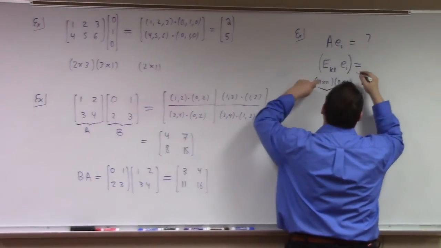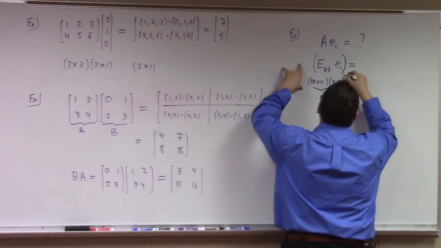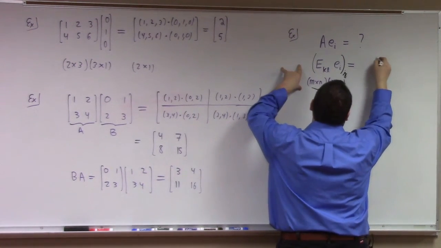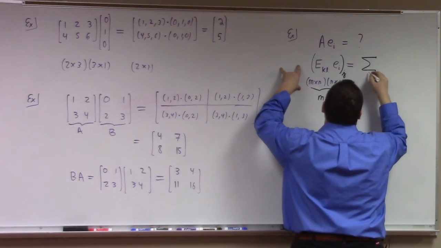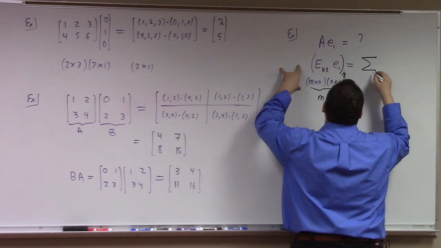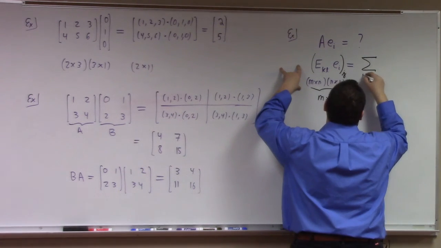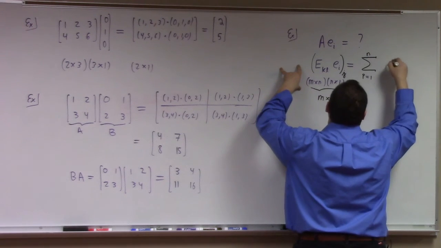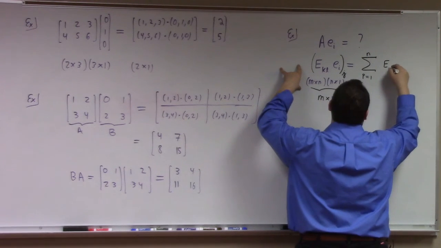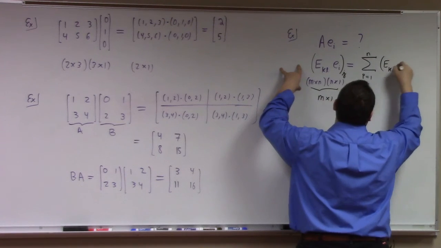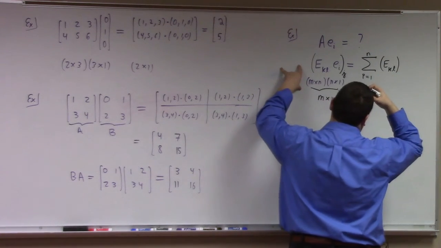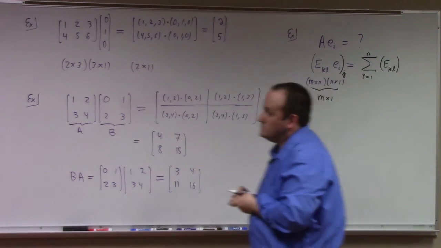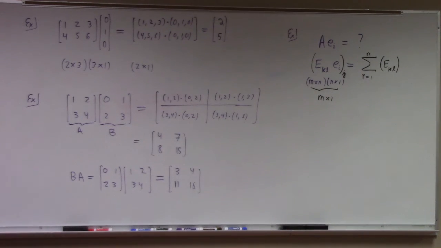We just say a letter I haven't used yet, let's say J. And so this should be the sum, I guess I'm supposed to do p equals 1 to n. Trying to be careful not to reuse a letter in a different sense. E_KL. All right. So the E_IJ is playing the role.